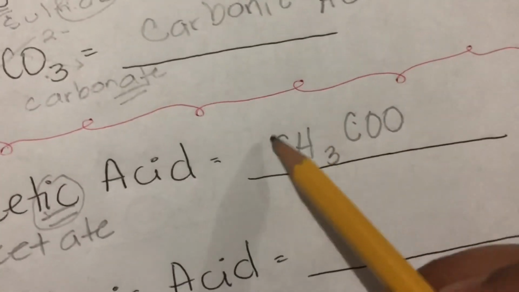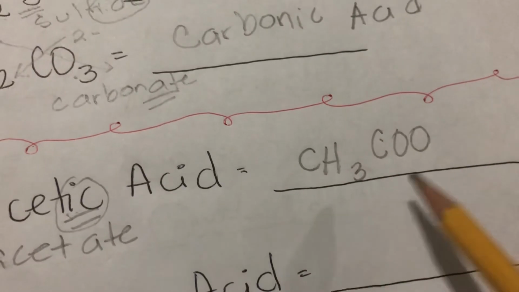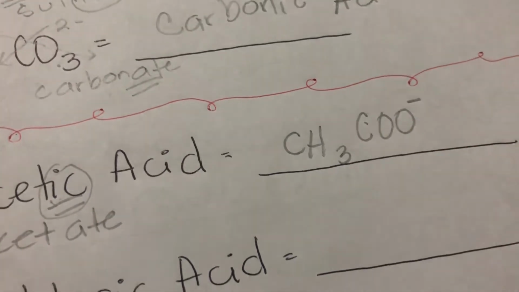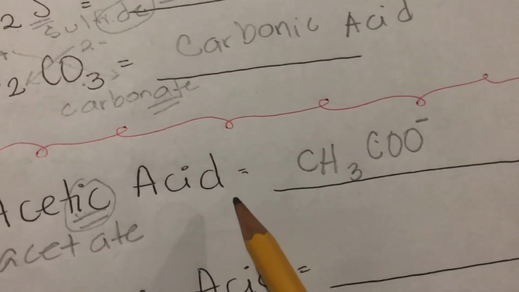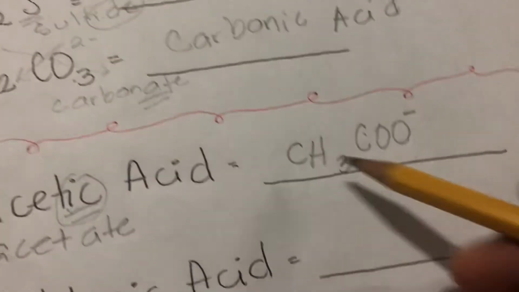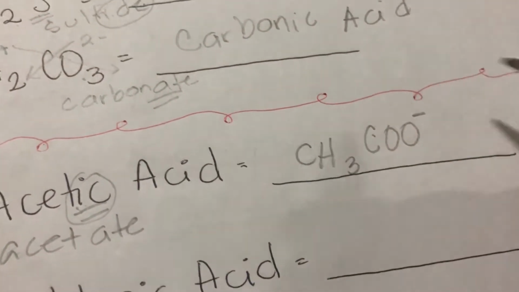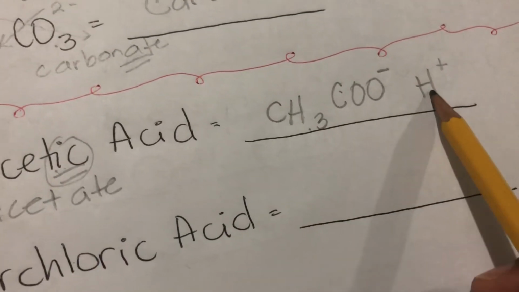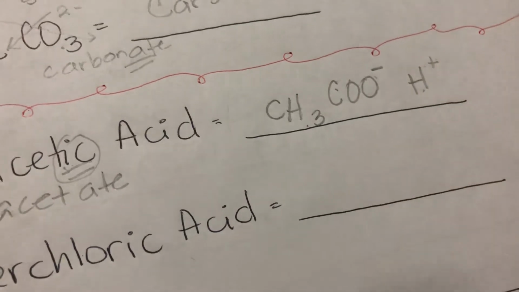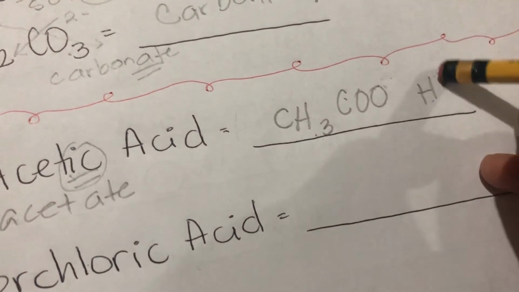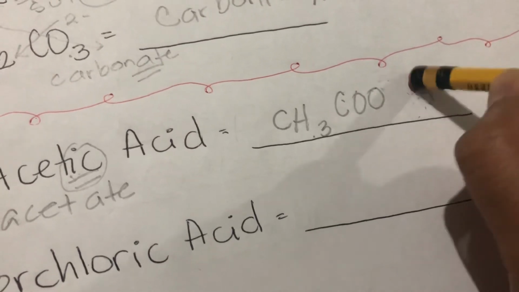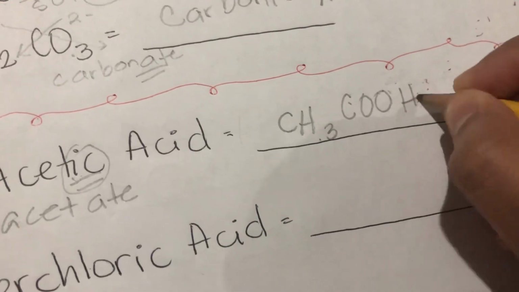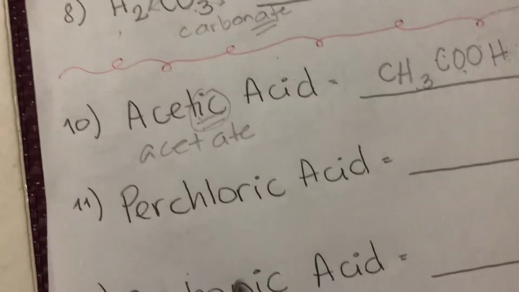All of this is my polyatomic ion called acetate, and it has a charge of 1-. Here also, I need to let you know that this is an exception. Instead of having hydrogen at the beginning, here the hydrogen is going to be at the end. So this is acetic acid. The charges are balanced, so I need to erase them, and I don't need any subscript. So my final answer is CH3COOH. This is my chemical formula.